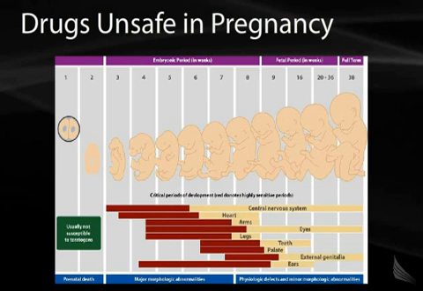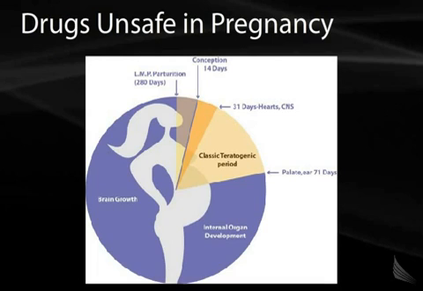Every system seems to be very sensitive: the ears, the genitalia, the teeth, the legs, arms, the heart, the central nervous system in the first trimester from 3 to 8. In the later part of the pregnancy, the baby does not appear to be as sensitive to teratogens. And this pie chart shows that after conception, the classic teratogen period is up to 71 days.